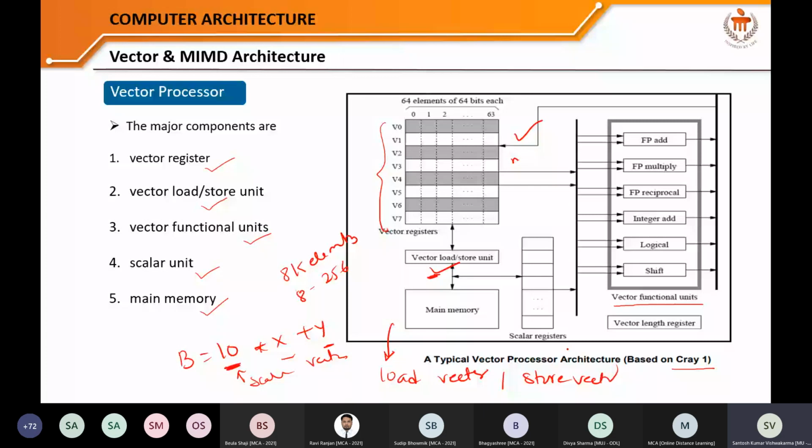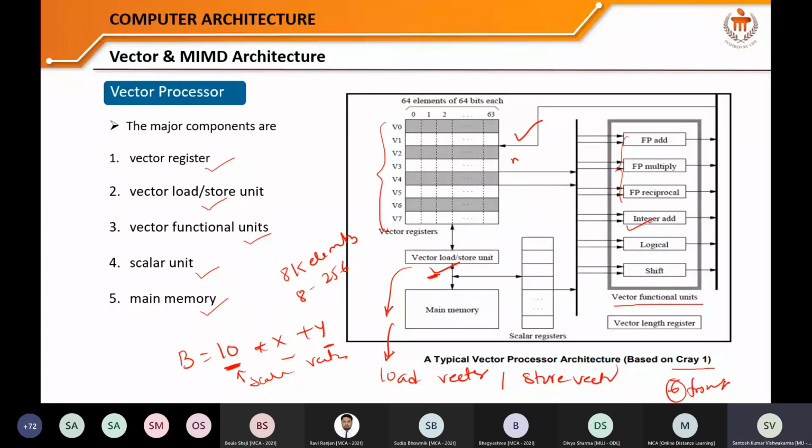Now the vector functional unit, as I already talked about, handles three types of operations: integer operations, floating point operations, and some logical operations. Cray 1, what we are talking about, consists of a total of 6 functional units.